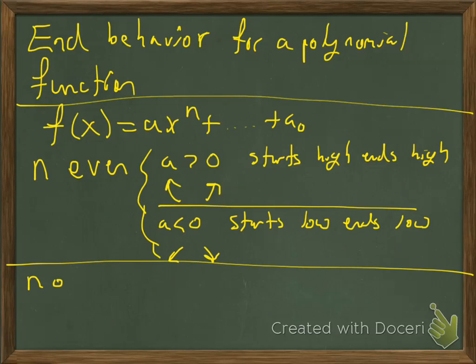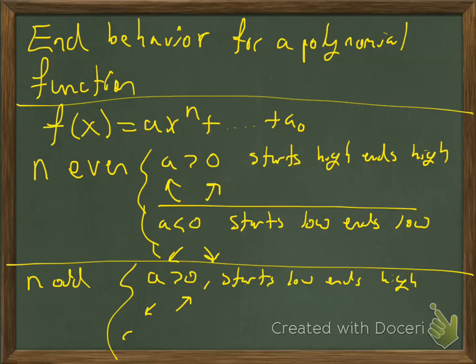Okay. Then if n is odd, think of the cubic function. So it starts low, ends high, and if we have a negative in front of it, it's going to reflect it, so it would start high and end low. So if a is greater than 0, it starts low and ends high.